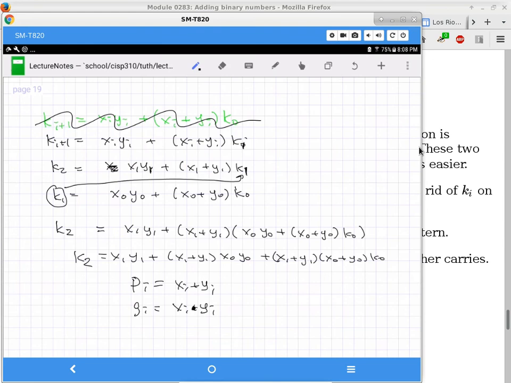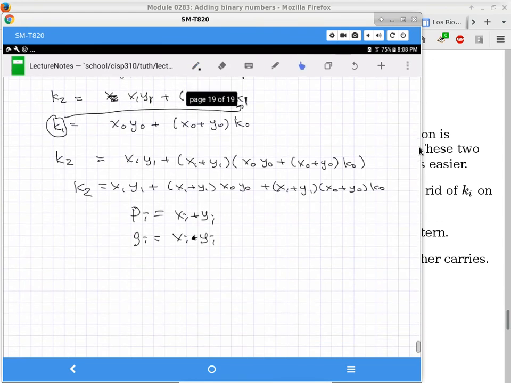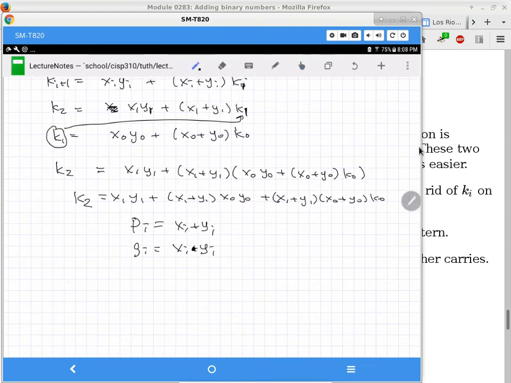So if I keep using this terminology, then we can say K(i+1) is now G of I or Pi Ki. All I did was to turn xi yi into gi because that's the definition of gi, and turn xi plus yi to pi because that's the definition of pi.